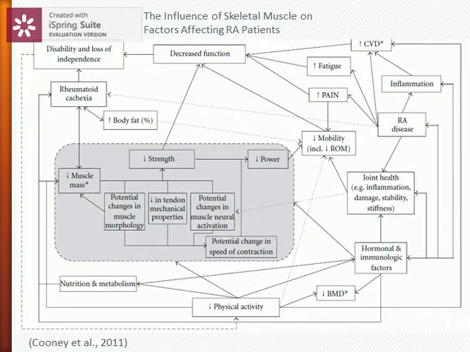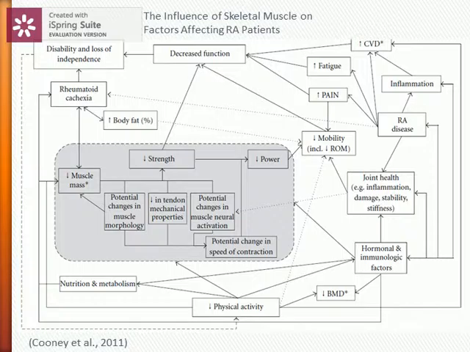This graph here is where the highlighted area is. It's showing potentially if you turn those reversed arrows the other way. This is how I interpret this graph: when you are exercising, you could increase your power, your strength, and your muscle mass.